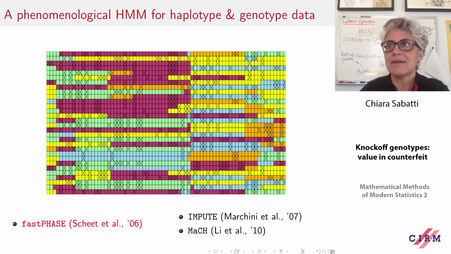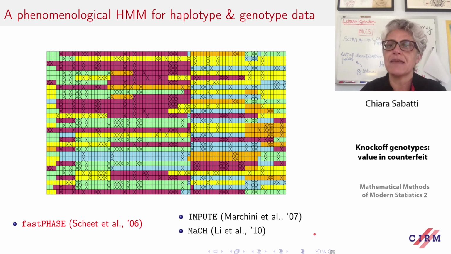Now, why have I talked to you about sampling knockoffs from Markov models? Because genotypes are very often described as arising from hidden Markov models. This is a fairly incomprehensible picture, but it represents one of the algorithms that have become very popular in the literature, and these are sort of old versions of all of these algorithms.